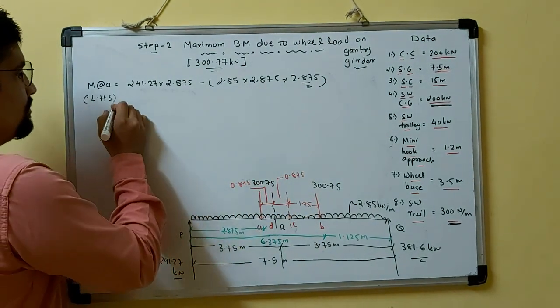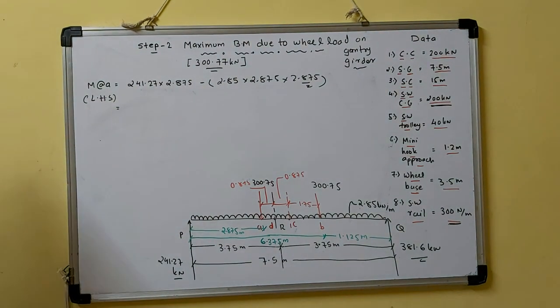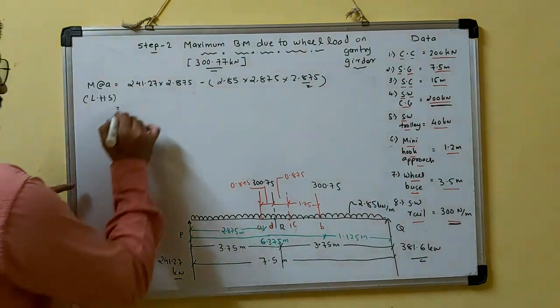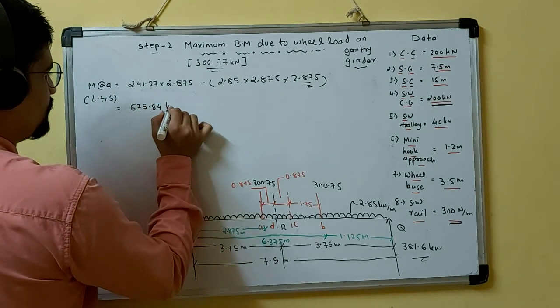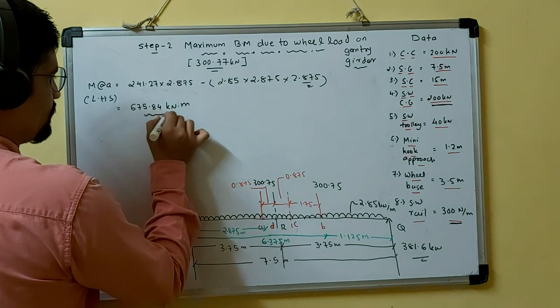Now, what will be the moment? The moment will be 675.84 kilonewton meter, moment at A.